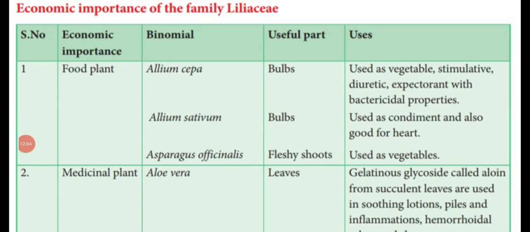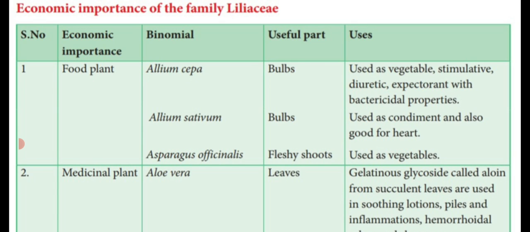Dear students, up to this we have seen the economic importance of family Solanaceae and Fabaceae, then the botanical description of Datura metel, Clitoria ternatea and Allium cepa.